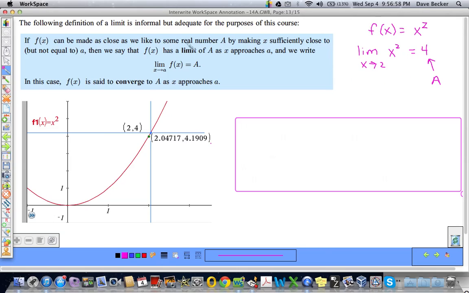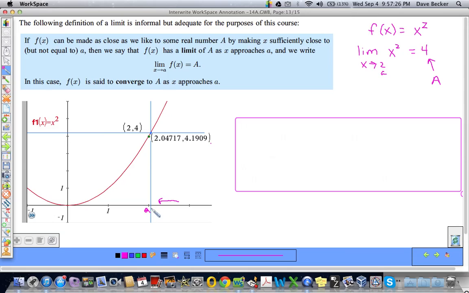It can be made as close to some real number A by making x sufficiently close to, but not equal to, little a. So our little a was the 2, and along the x-axis here, this was our little a. I took another screenshot. In this case, this is the screenshot of x approaching from the right. It's going left, which means it's coming from the right. So this is my little a right here.